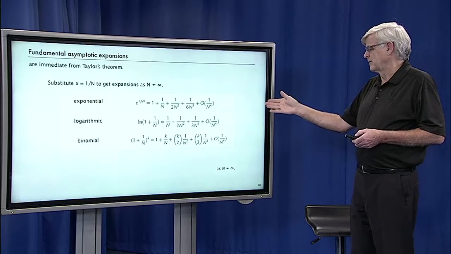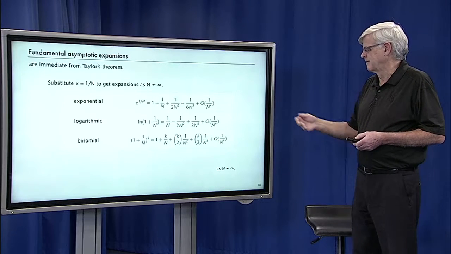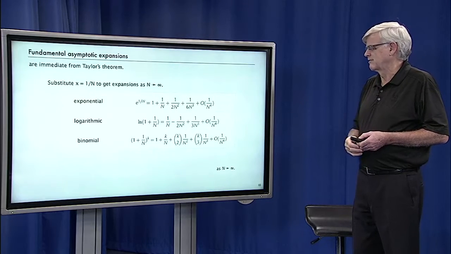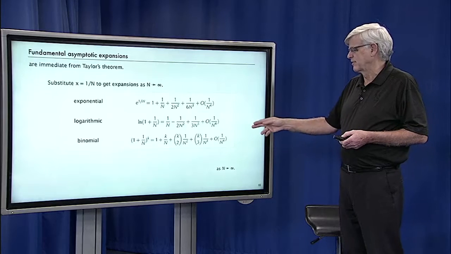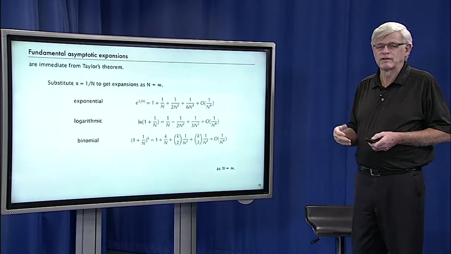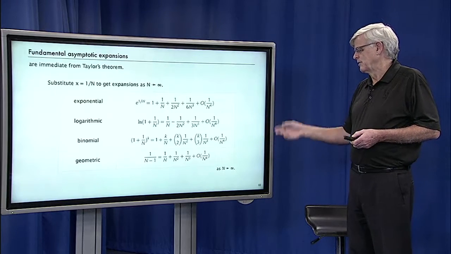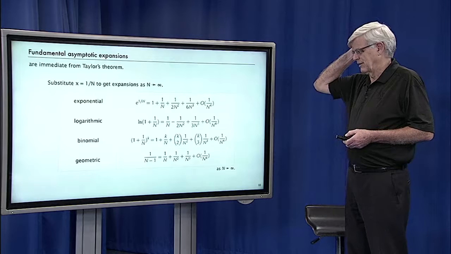And binomial, this is for k constant, will have a similar kind of character. Now this gets more complicated if k grows with n, and that's one of the things that we'll talk about later on. And the one that we use really most often is geometric.